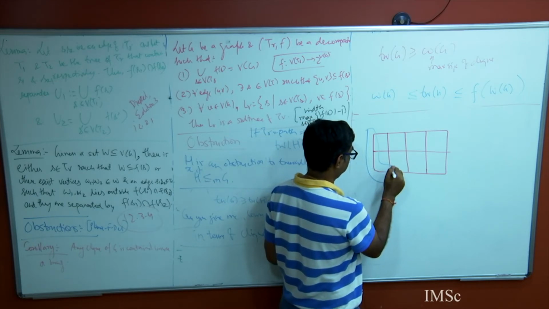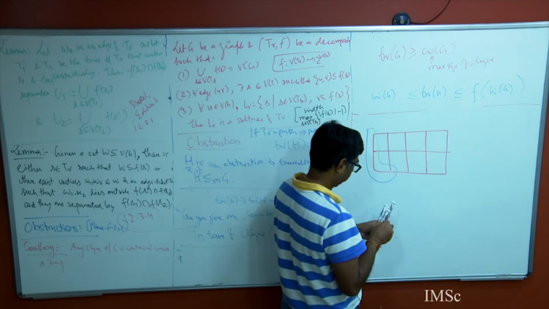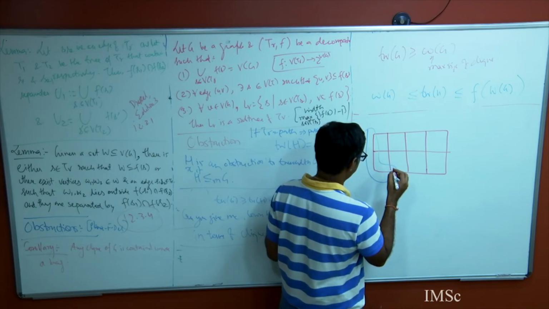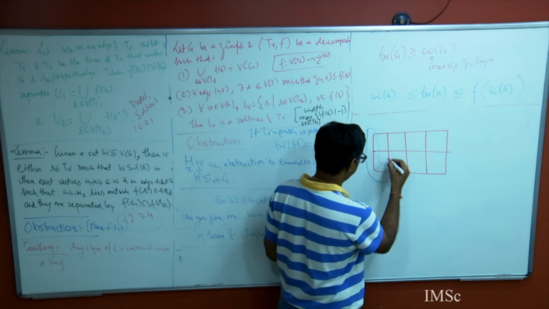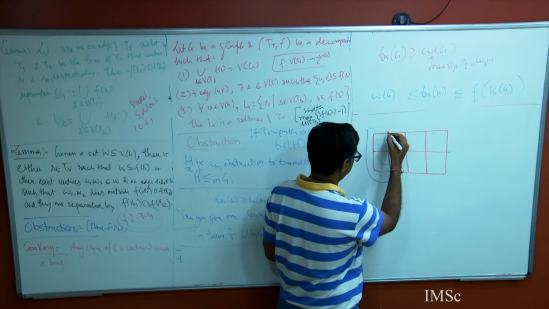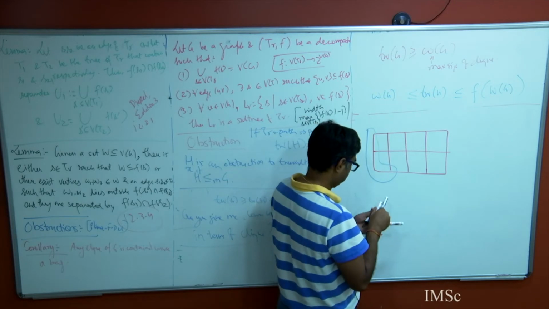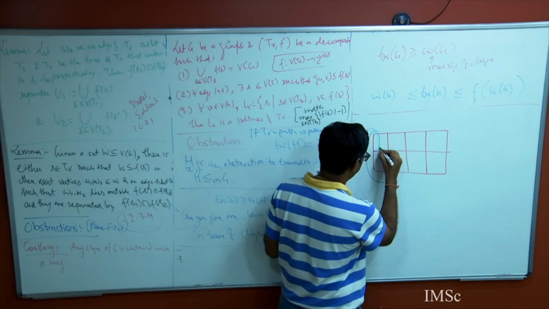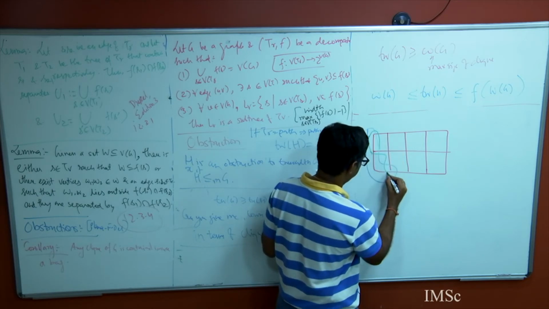Okay. Let's take two vertices from here and two vertices from here. So the first two vertices from the first column and the last two vertices from the second. You mean this? No, like first two from the first column, and the last two from the second, like this.